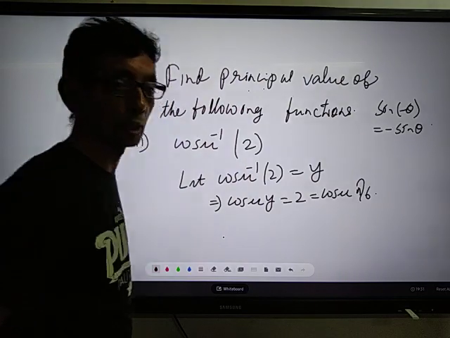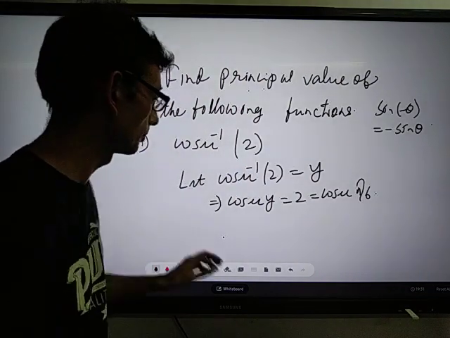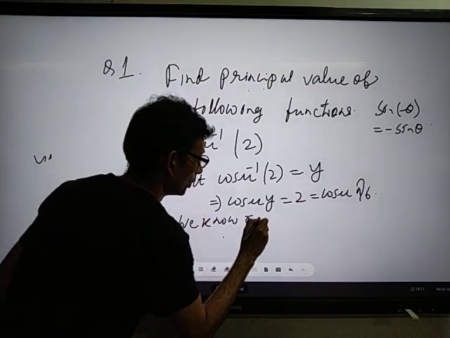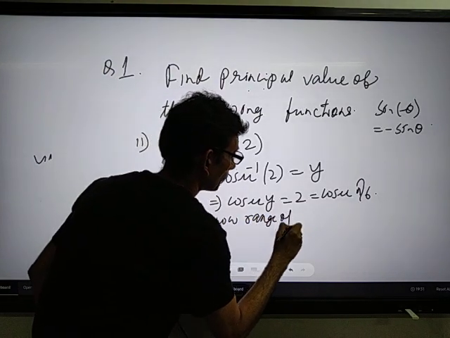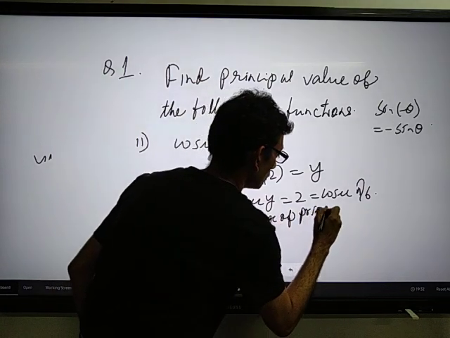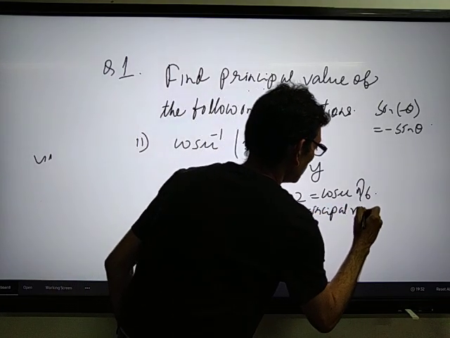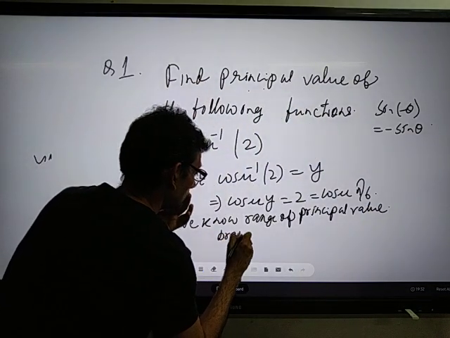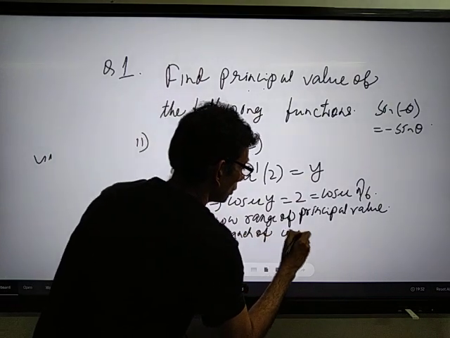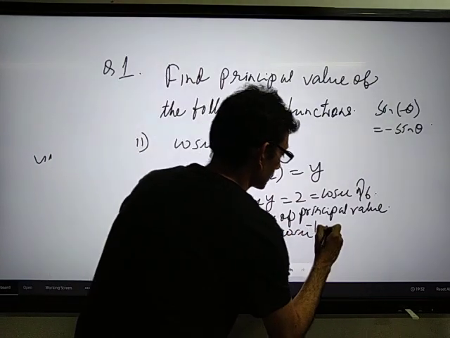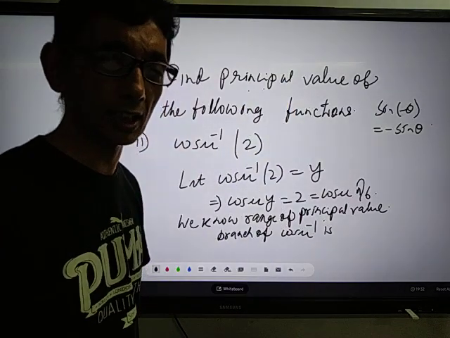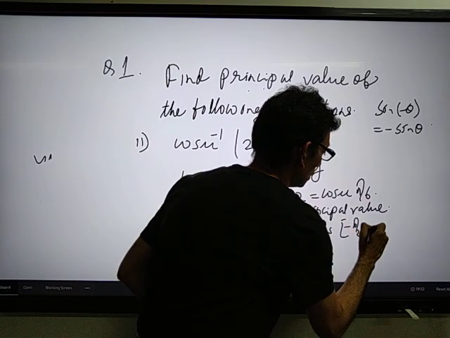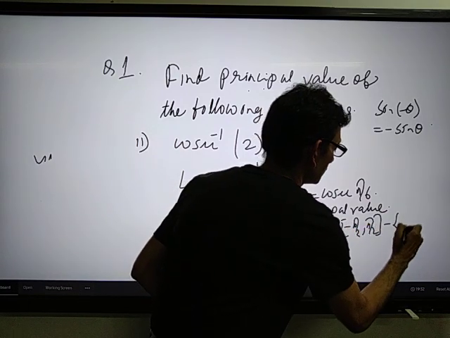Now what is the range of principal value branch for cosec inverse? We know the range of principal value branch of cosec inverse is, do you remember? Yes, it's minus pi by 2 to pi by 2, excluding of course 0.